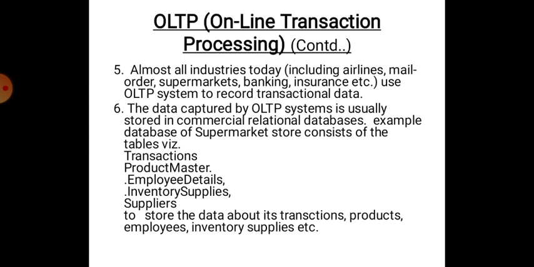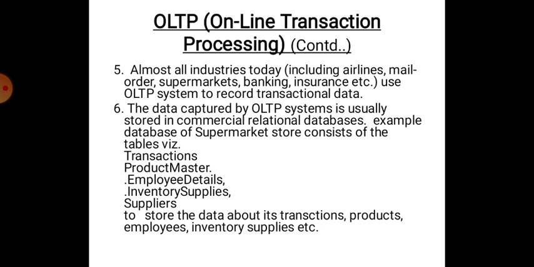Almost all industries today, including airlines, mail order, supermarkets, banking, insurance, etc., use OLTP systems to record transaction data. Point number 6. The data captured by OLTP systems is usually stored in commercial relational databases.